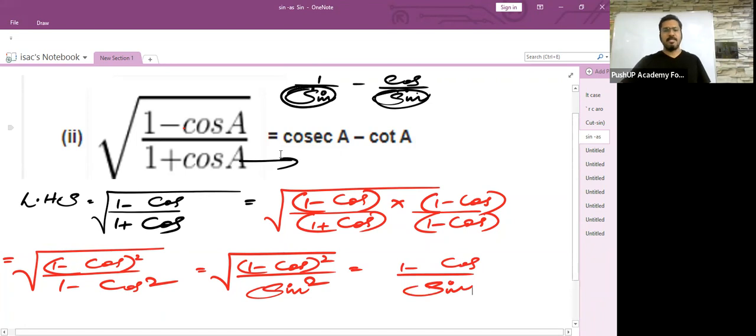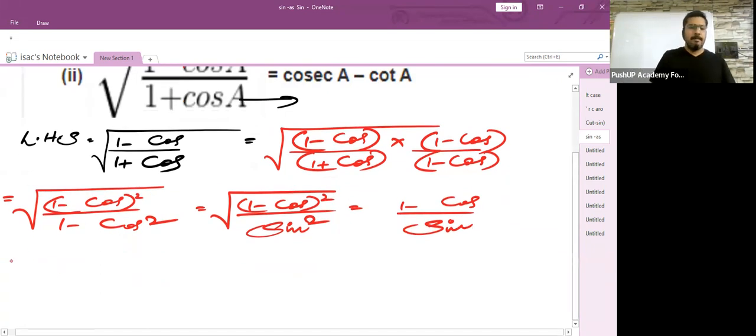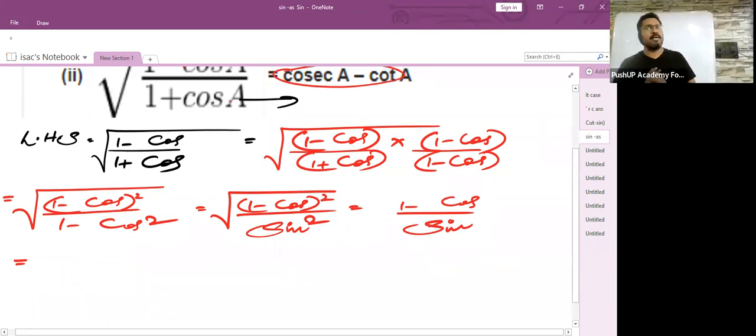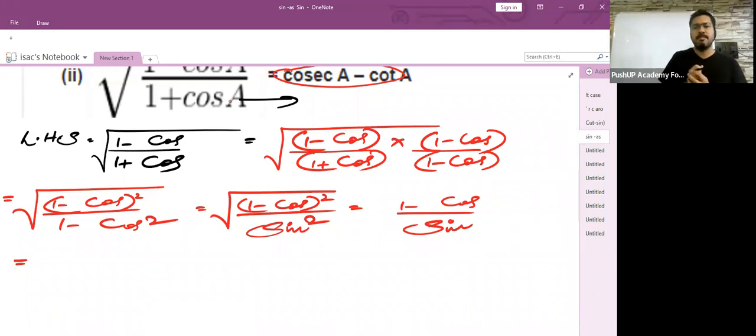Sachin, what should be the next step after this? This is the required result, cosec minus cot. I have gotten 1 minus cos upon sine. What should be my next step? In the previous sum, we did no such thing. What was it?